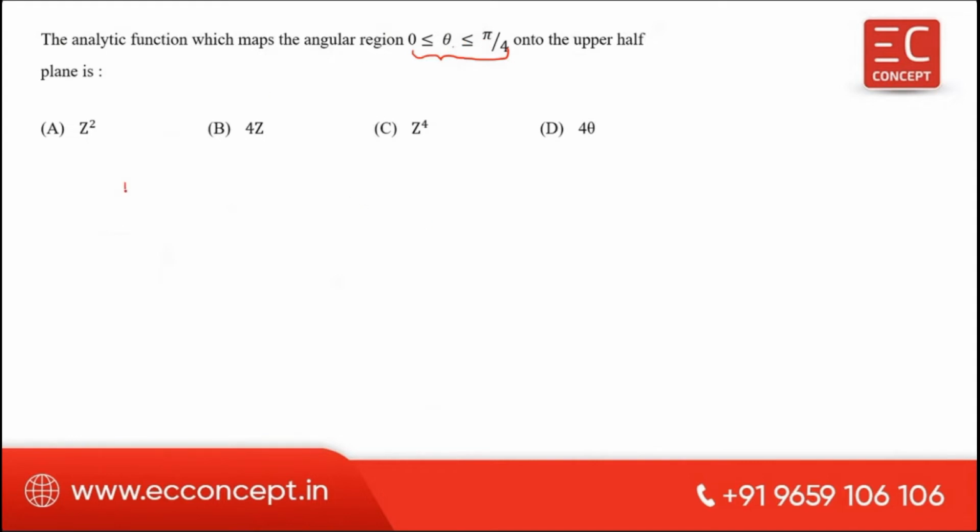In this segment, this is 0, this is pi by 4. The analytic function is represented by z power 4. So for the upper half plane, the region 0 to pi by 4 is represented by z power 4.